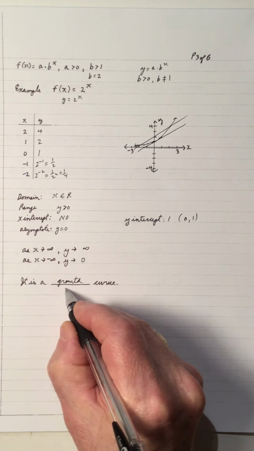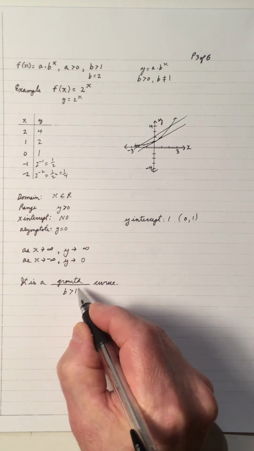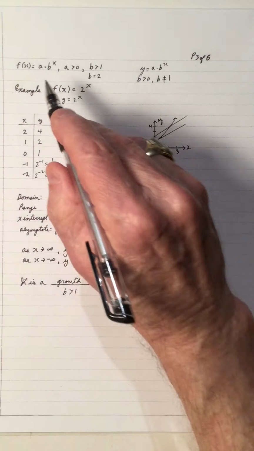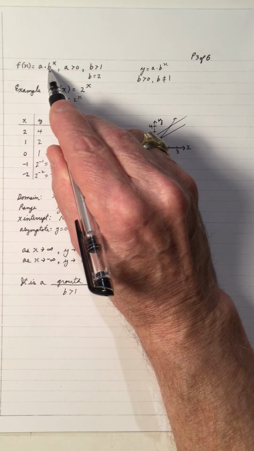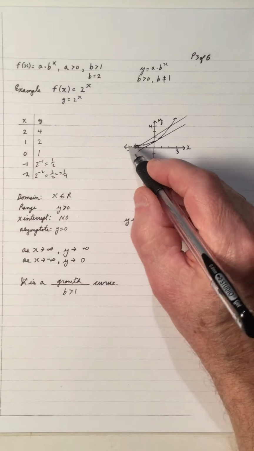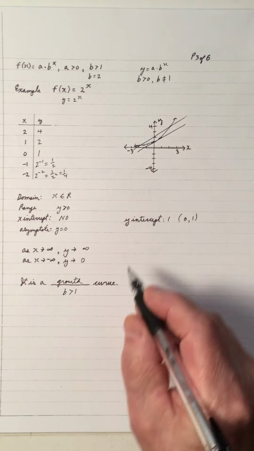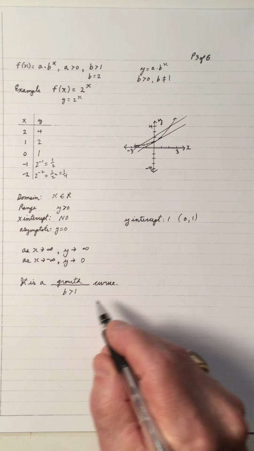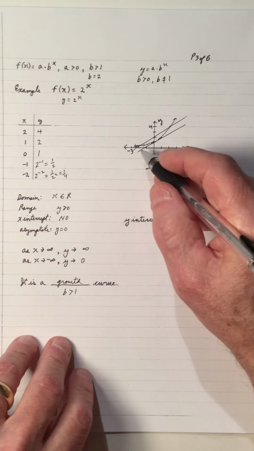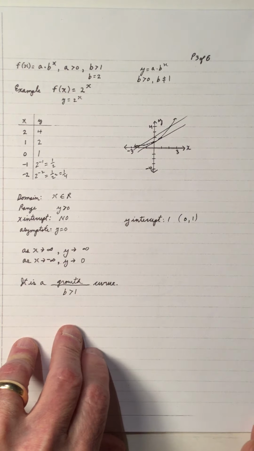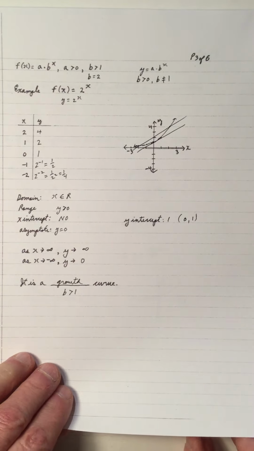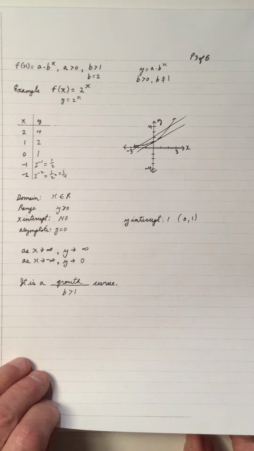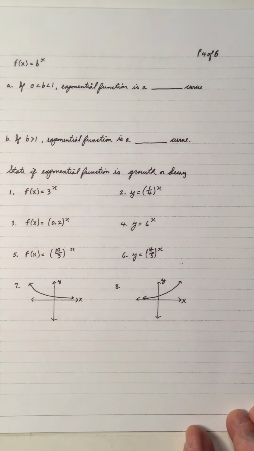And a growth curve is when the base is greater than 1. So when we have an exponential equation, a times b to the x, and the base b is greater than 1, the curve will grow like this. That's because the slope of the line going through those points is positive.